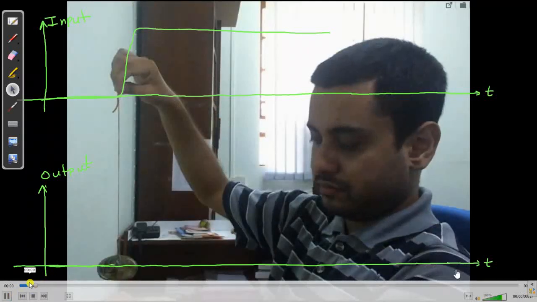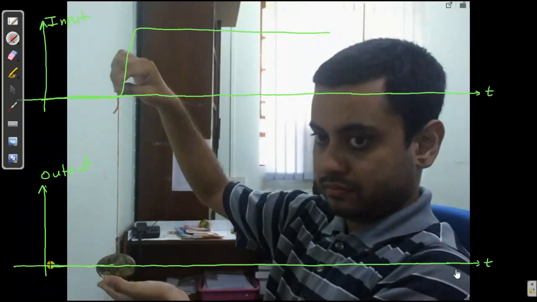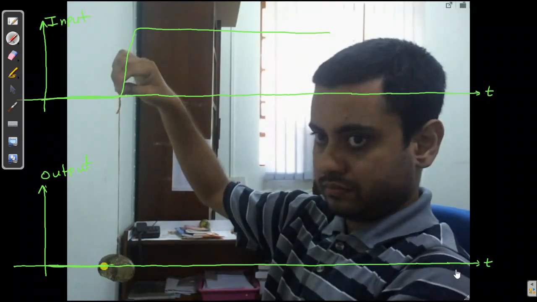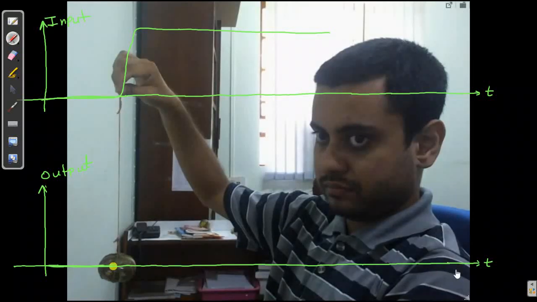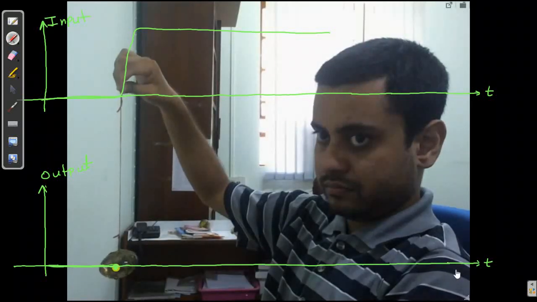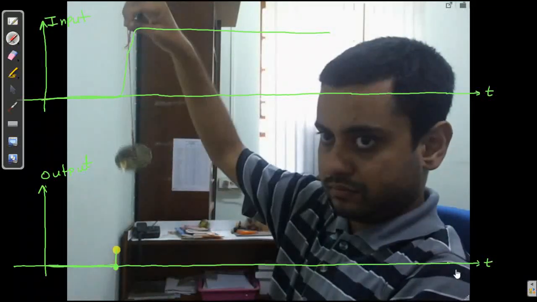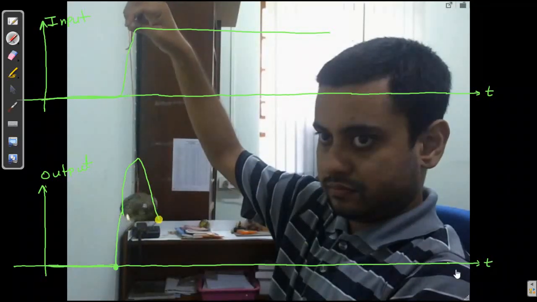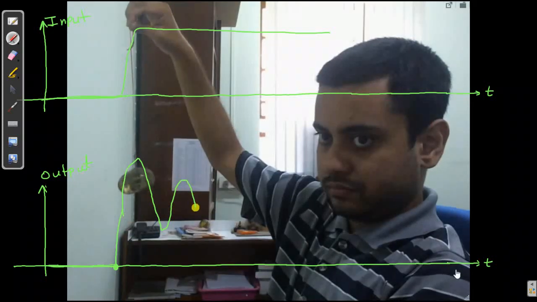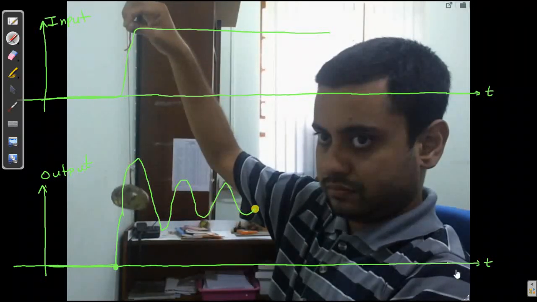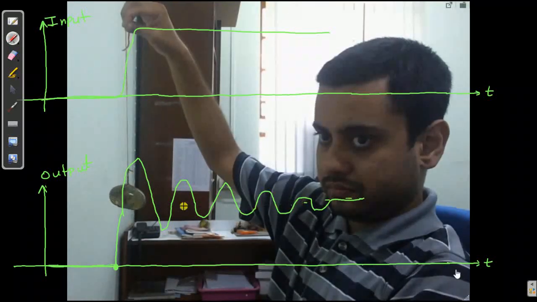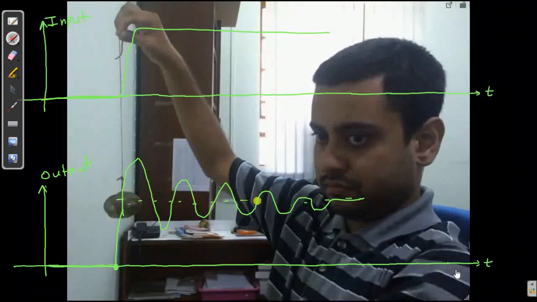Similarly, initially the output is 0 and it continues to be 0 until I give the input, and when I give the input at this point of time, you shall see this paperweight goes up and then comes down and then goes up and down, and it oscillates for a while and finally it settles down to a height which is here.